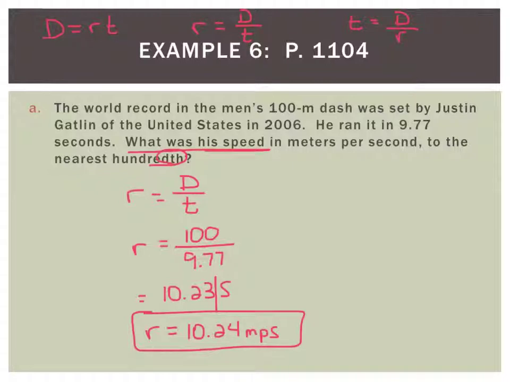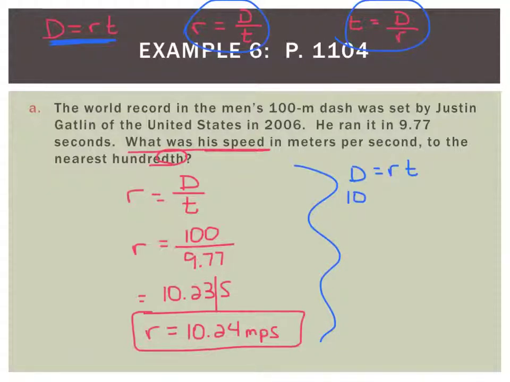Alright, now I tend to not be able to remember these, which is why if you just remember this one, you'll be able to get those. You don't even have to set it up as r equals d over t. I showed you the way that they were showing you in the book, and how to use the formulas the different ways. What I would personally do is I would just write distance equals rate times time.